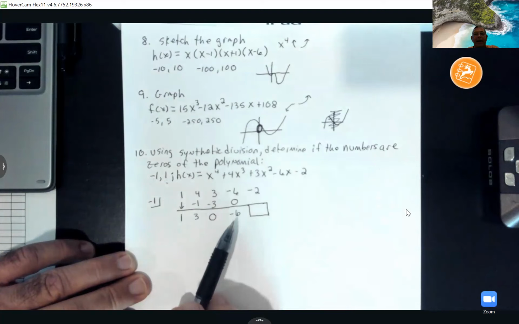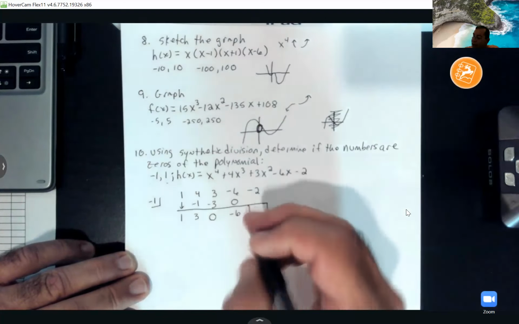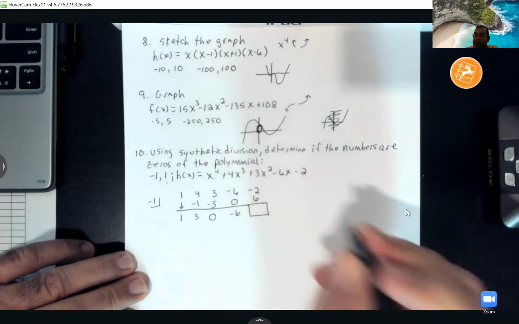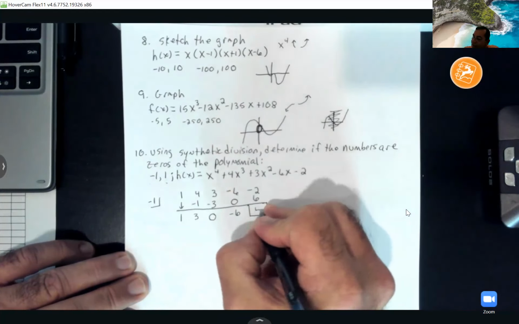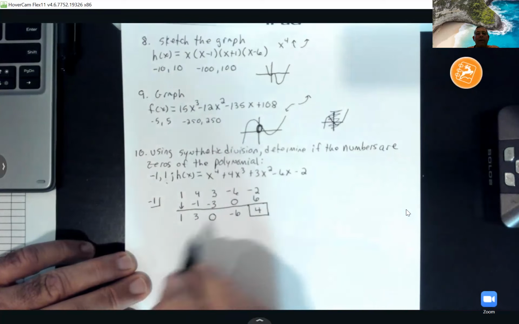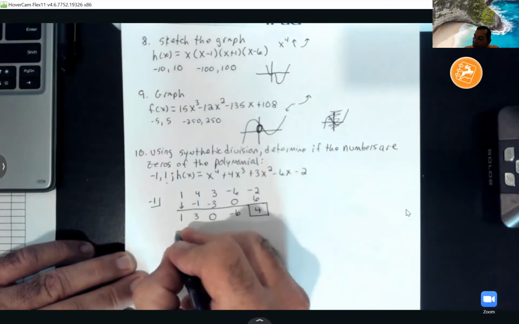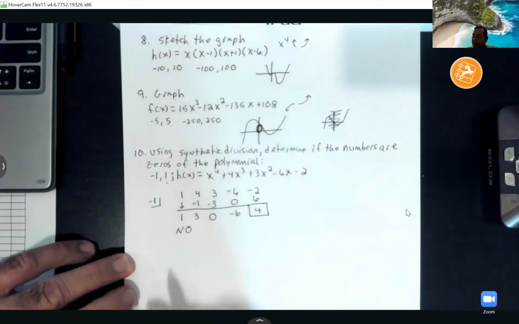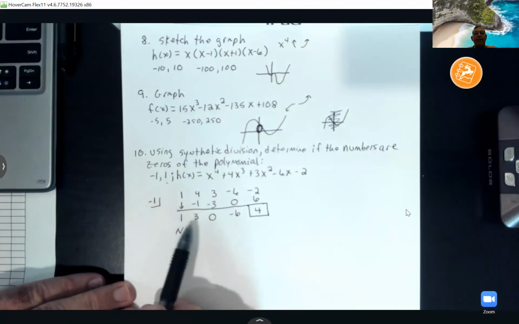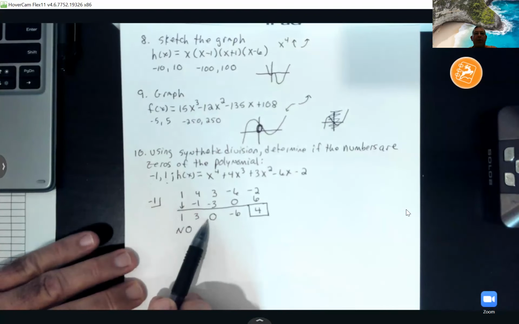And then finally, that -6 times -1 gives me a +6. So y'all, that was giving me a remainder of 4, which is not 0. So this would be no. -1 is not a 0 of this polynomial.